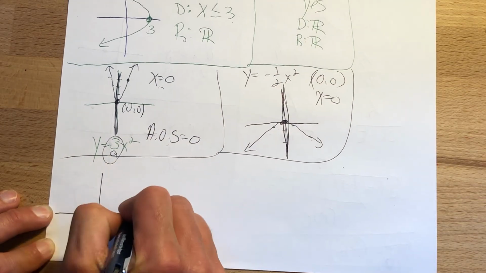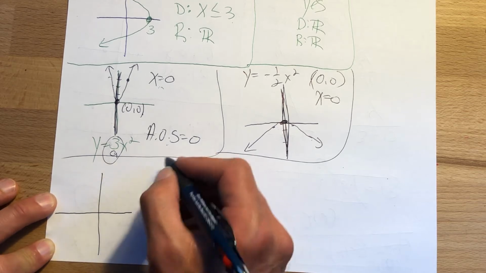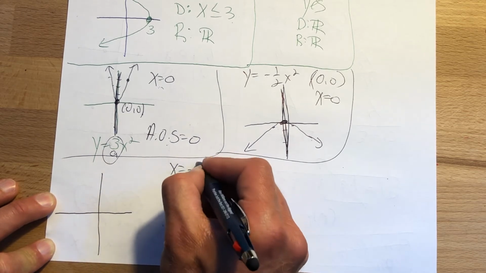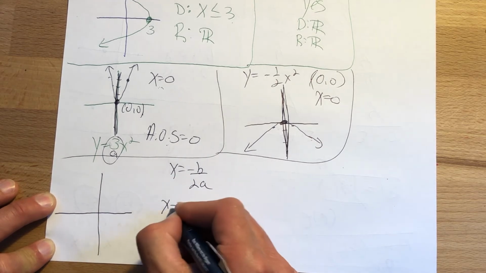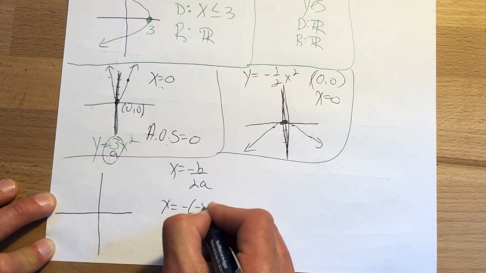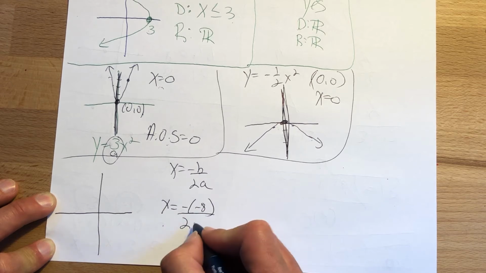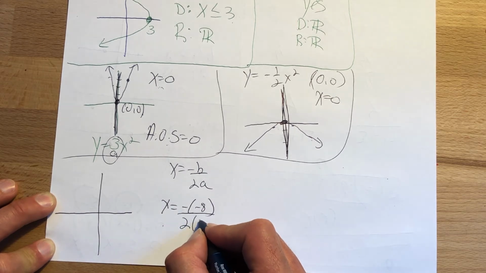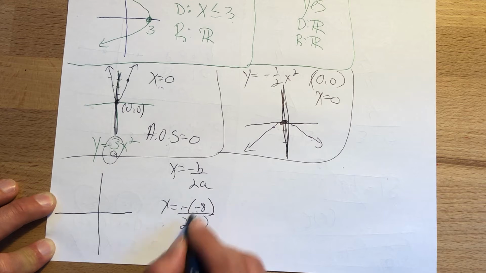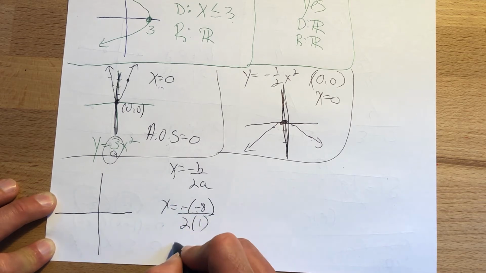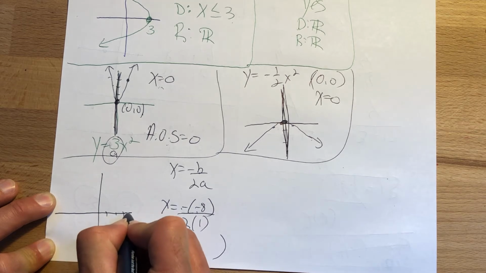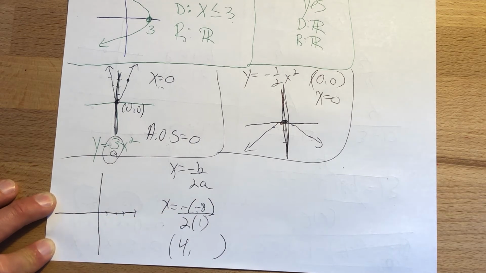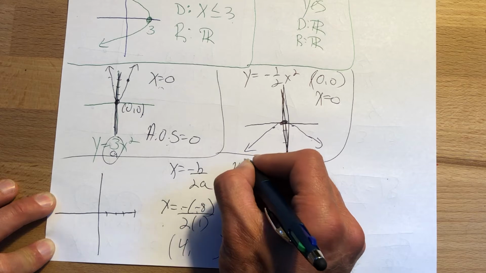Okay, for this next one, you have to use the equation x equals negative b over 2a to find your x coordinate. X equals negative b over 2 times your a, which is going to give me 8 over 2, which is equal to 4. That's your x coordinate. And you're going to plug 4 back into the equation.